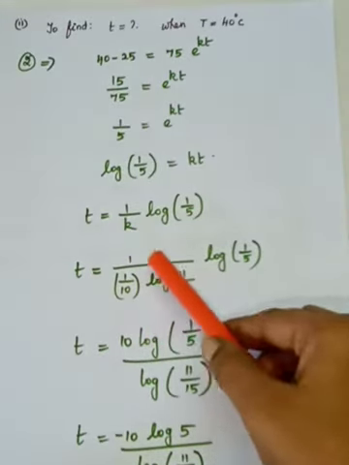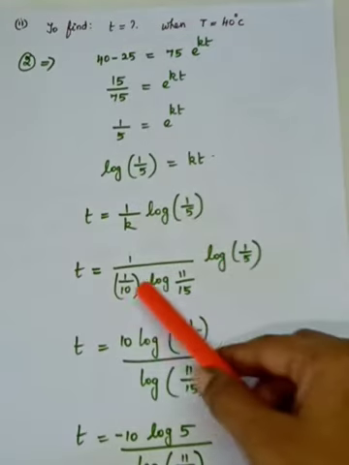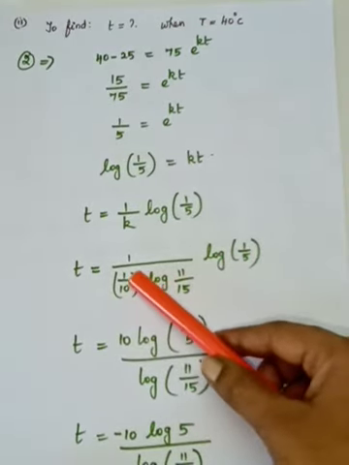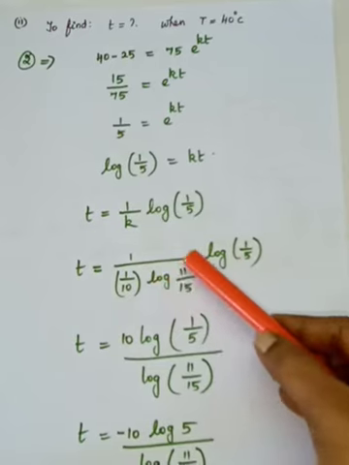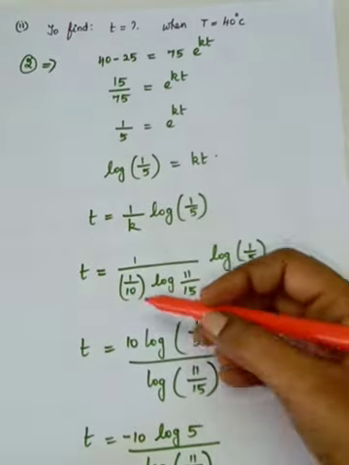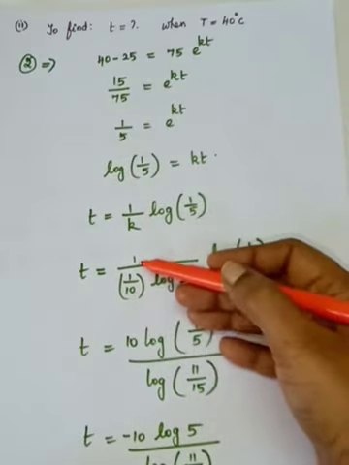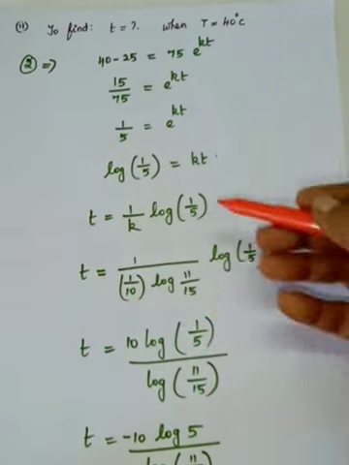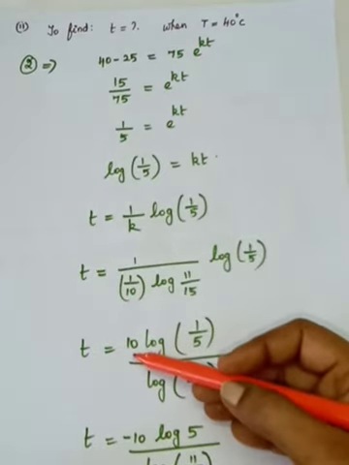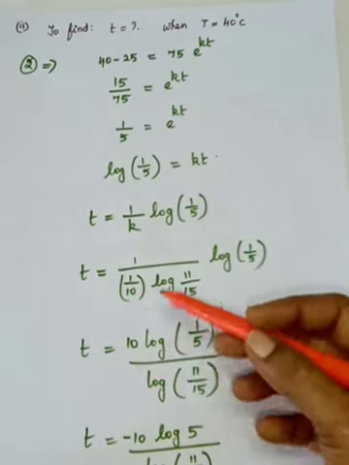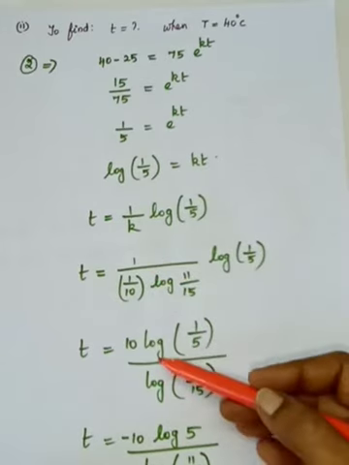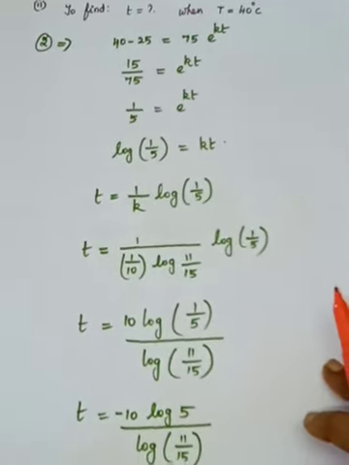So 1 into log of 1 by 5 divided by 1 by 10 log of 11 by 15. Where is the 10? 10 is in the denominator of the denominator, so it will come to the numerator. So that's why 10 into log of 1 by 5 divided by log 11 by 15.